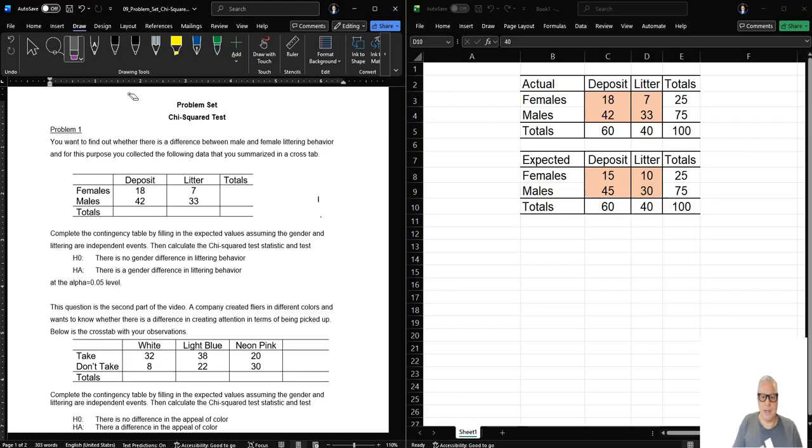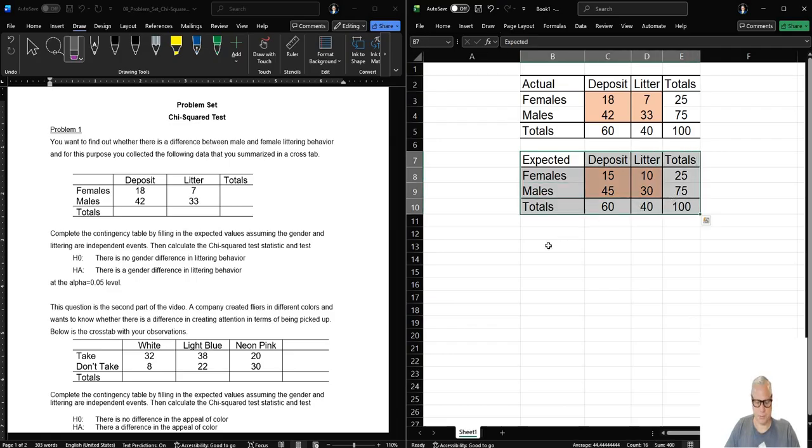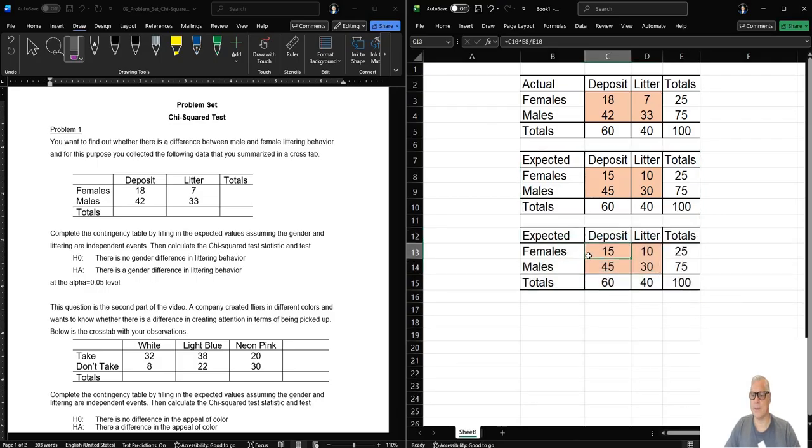And now what we can do next is we can actually calculate the chi-squared statistic. So for this purpose, I just copy again the table and paste it below. And here we calculate the chi-squared.